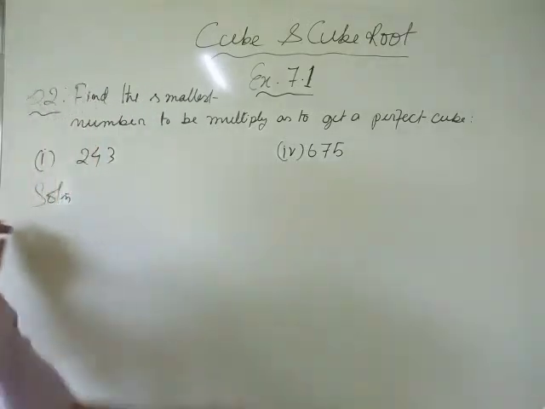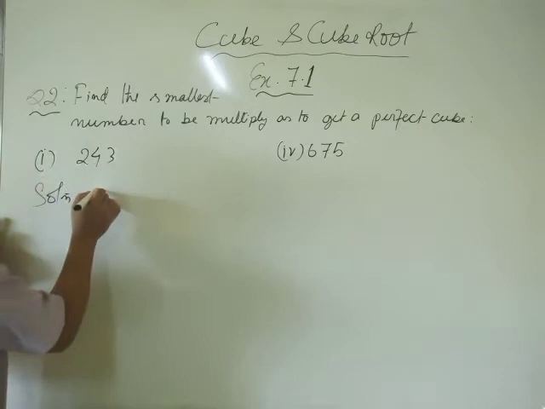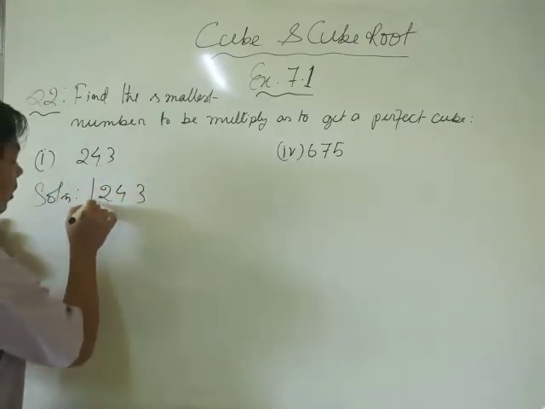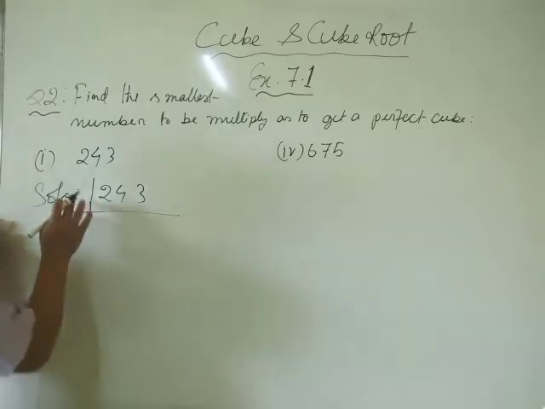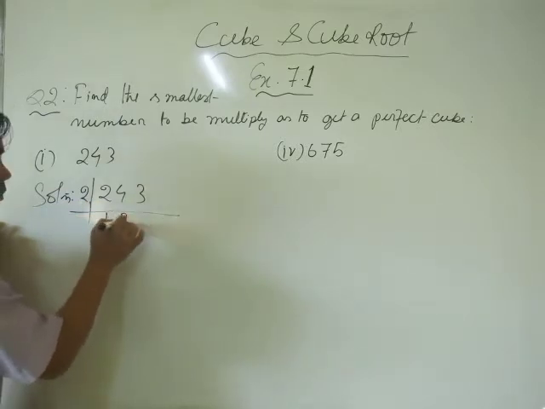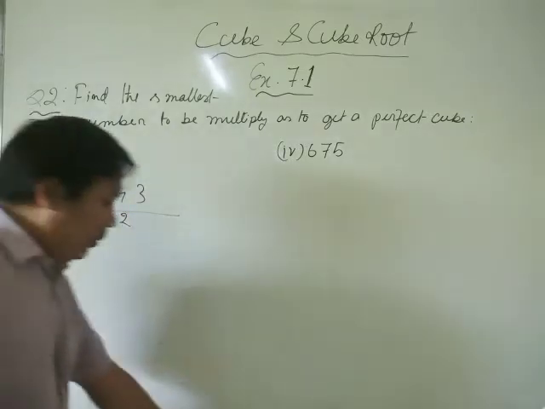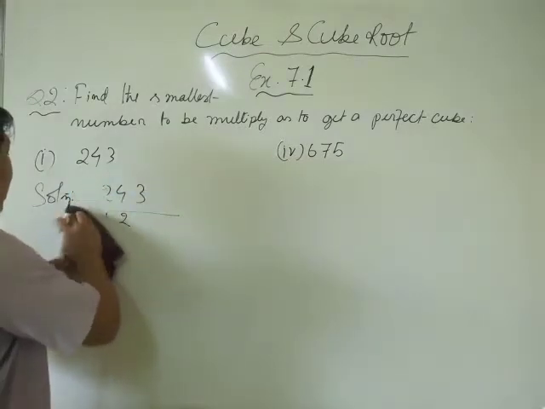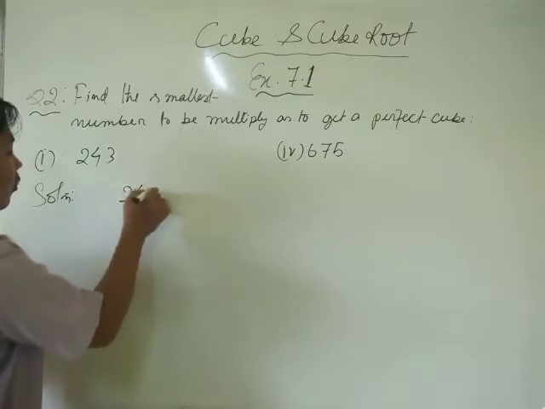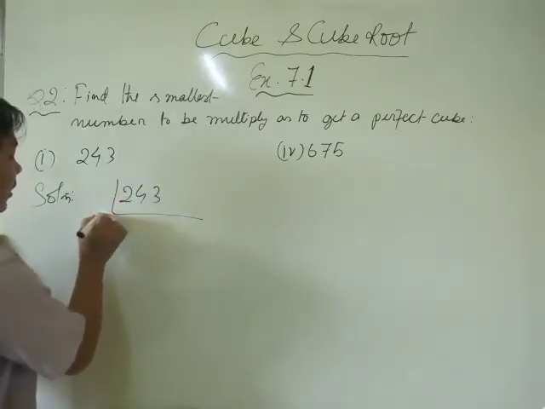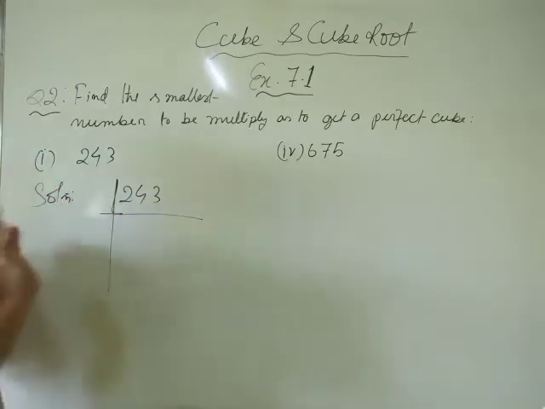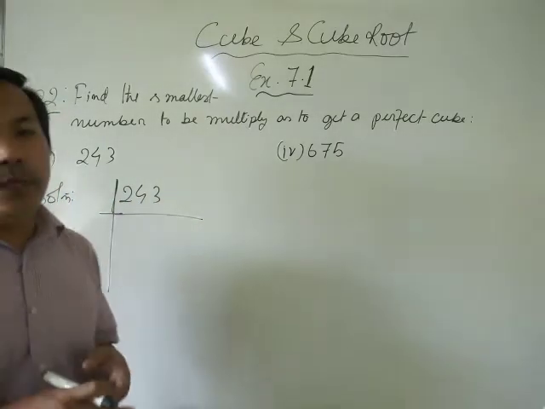So look here, we are going to factorize this. In the solution, we factorize the number first and try to find out whether the factors can be grouped in threes or not. Here, this cannot be divided by 2 at all, so start with the other numbers. 3 also cannot.